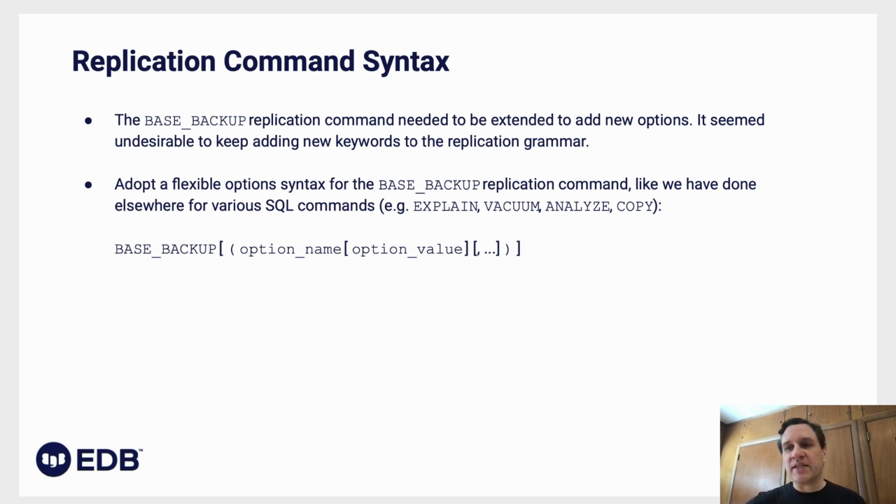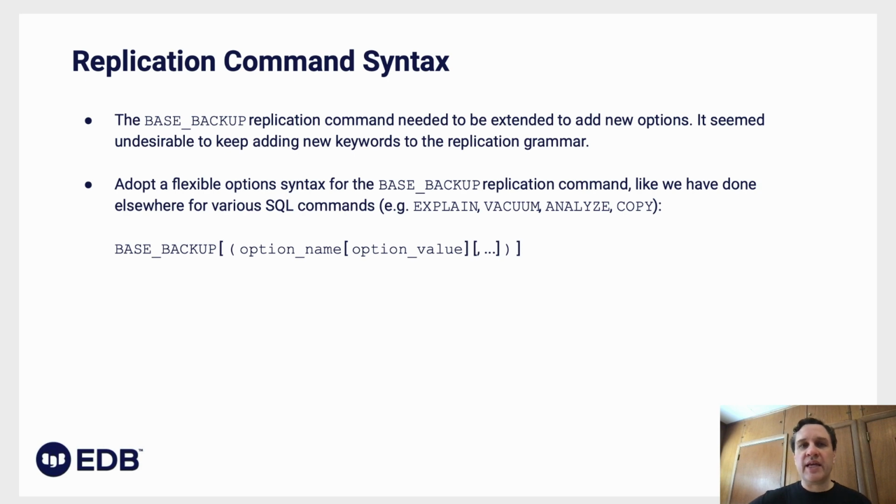And the basic idea here was to adopt the same strategy for flexible options lists that we have already used for a number of our other commands, a number of our SQL commands. I think EXPLAIN was the first one that got this sort of syntax where you write the command name and then an opening parenthesis and then a series of comma-separated options, each of which is allowed to have a value but doesn't necessarily have to have a value.